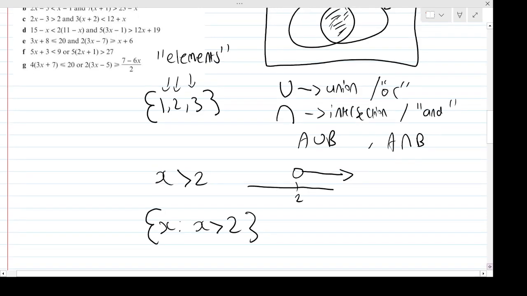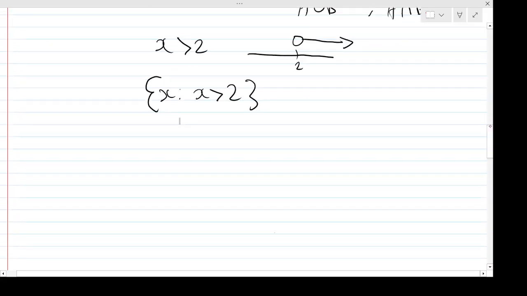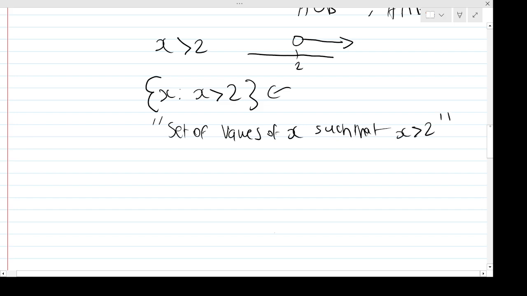So this is saying a set of numbers of x. In particular, what set of numbers of x? The curly bracket means a set, and we say this as a set of values of x such that x greater than 2. That is what this whole thing means in English, right?